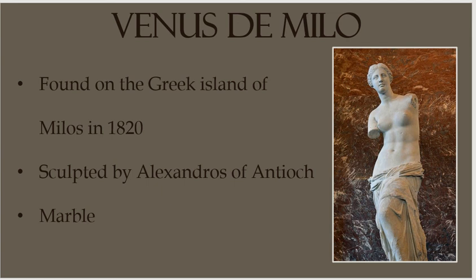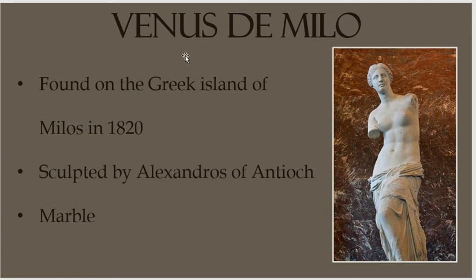She is half clothed, with her bare torso, and she's greatly admired for her proportions and her pose, how she's relaxed on one foot, and the drapery around her, and her individual expression. She looks kind of aloof and mysterious, which has really drawn people to appreciate her.